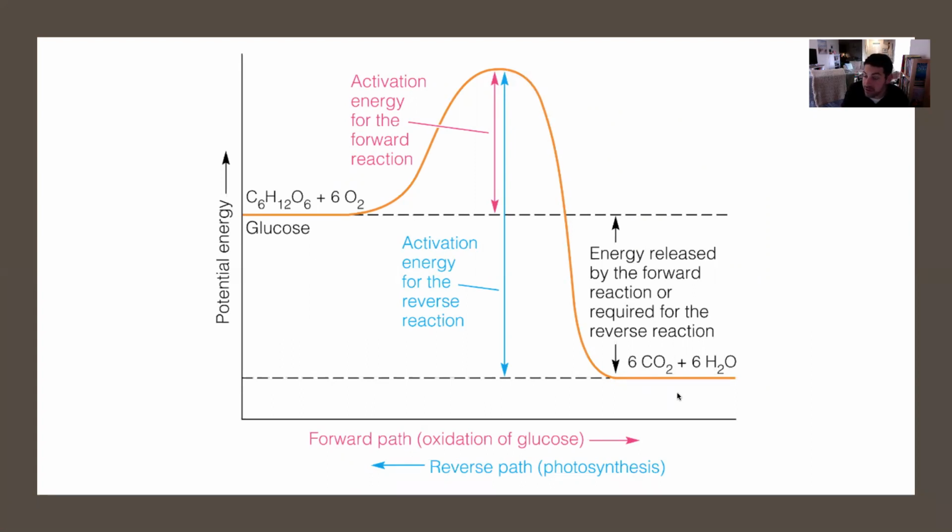It gets converted into thermal energy, and now our products are at a much lower position. They have less potential energy. So the reactants have more potential than the products. The reactants are like those runners before the workout, right? They have the potential, but then they do the workout, and now our products don't have all that much potential.